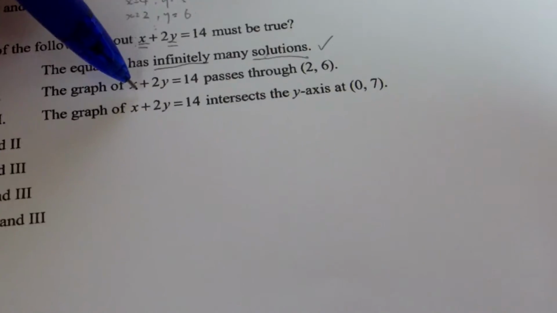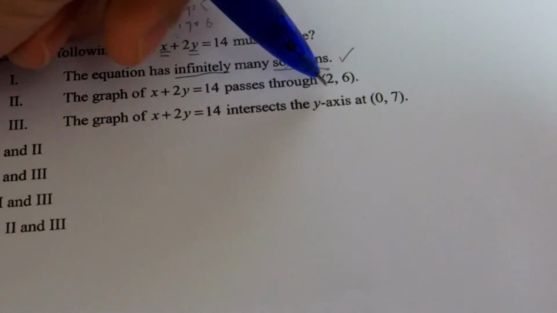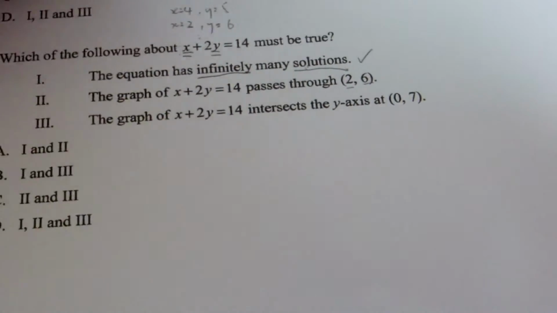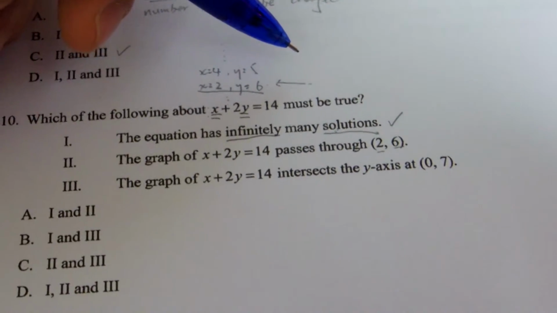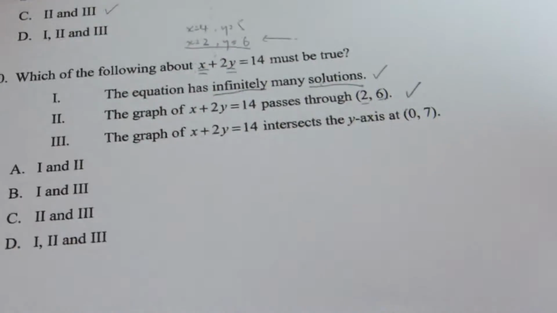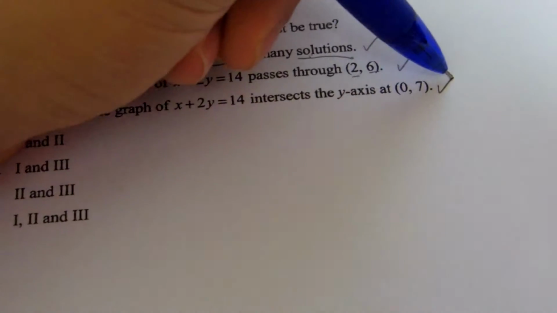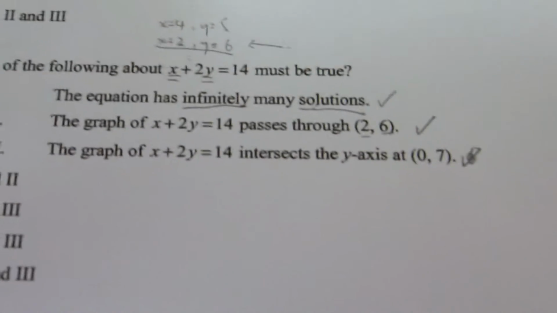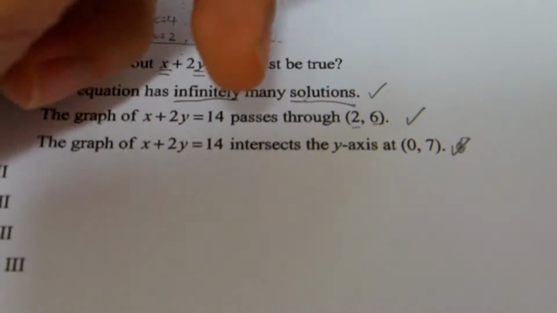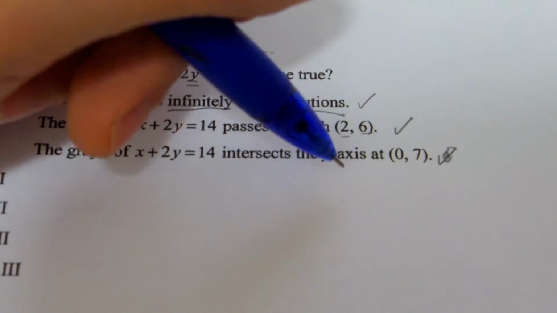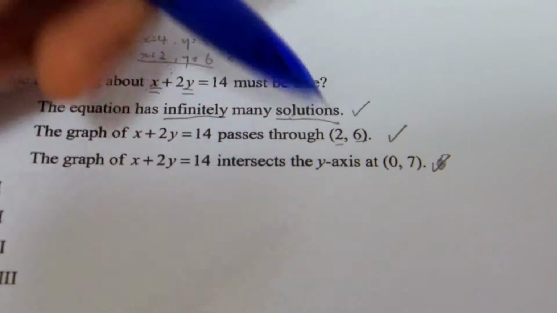So for the second one, does this pass through 2, 6? Well, of course. I'll just show you. It passes through this point. So also correct. And the last one. Okay, let's check it. Does this equation intersect the y-axis at 0, 7?